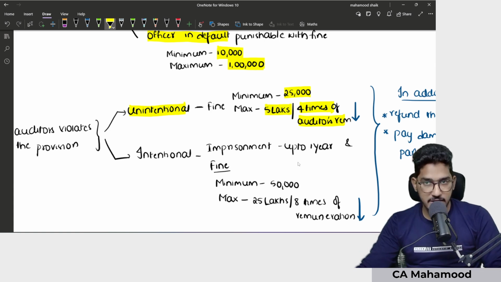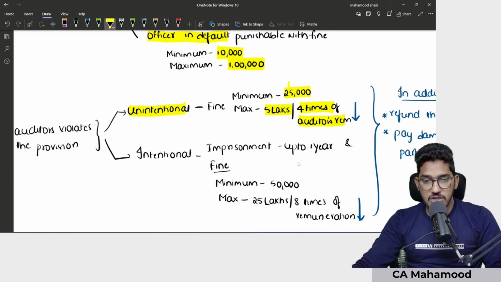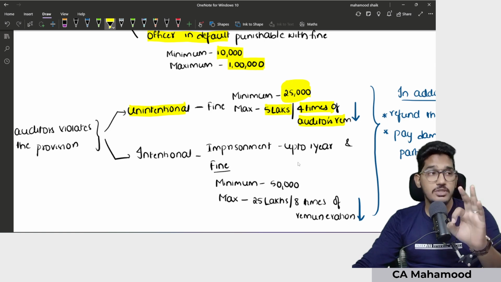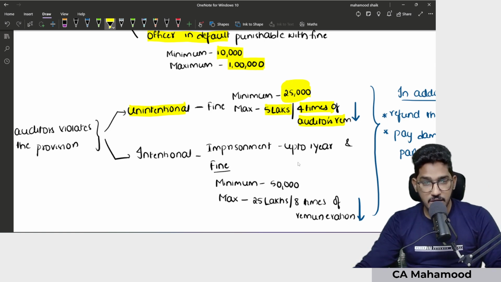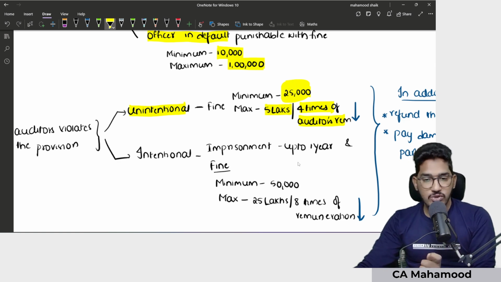So the minimum penalty is 25,000 in case of unintentional mistake, which can go up to a maximum of either 5 lakh rupees or 4 times the auditor's remuneration.